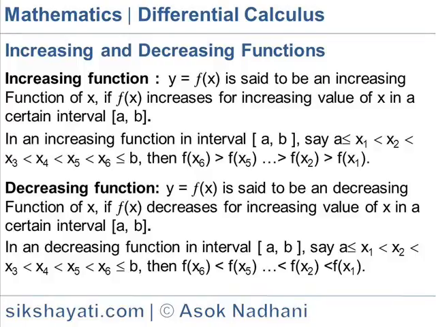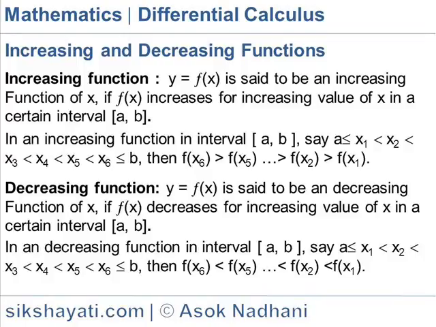So in an increasing function in interval ab, say a is less than x1, which is less than x2, which is less than x3, and so on, less than or equal to b, then f(x6) is greater than f(x5), and so on, ultimately greater than f(x1), the first value.